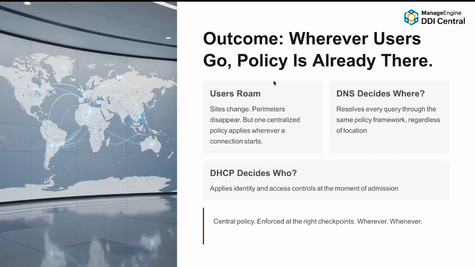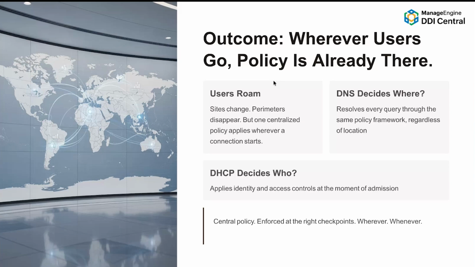So what's the ultimate outcome here? Users roam, sites change, perimeters dissolve, but this centralized policy applies wherever a connection starts. Even if they connect to your network using a VPN, or connect from home with a dedicated university device, the policy makes sure they do not get access to such malicious domains however they may try, and they'll not be able to join your network if their device is compromised.